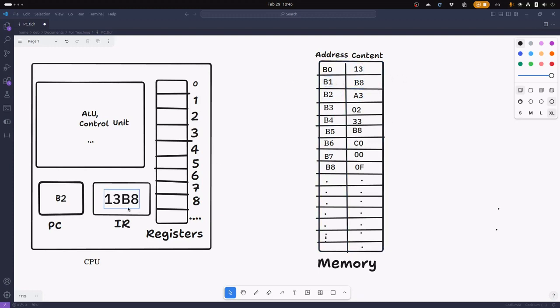Anyway, we already got the values of B0 and B1, and since these two memory values make the instruction, we load these values directly here. The processor is also designed in such a way that it can hold 2 bytes of data at once.